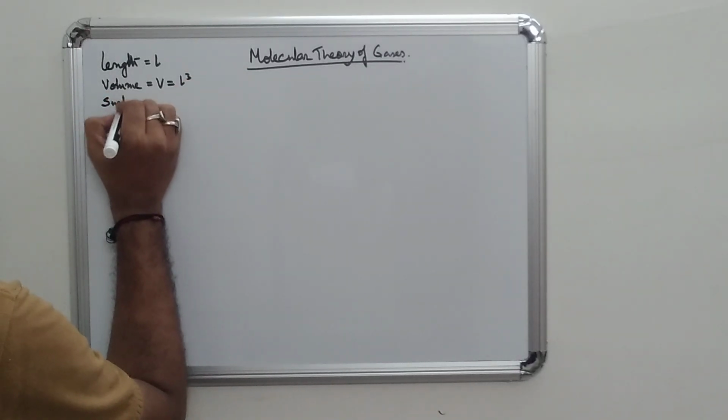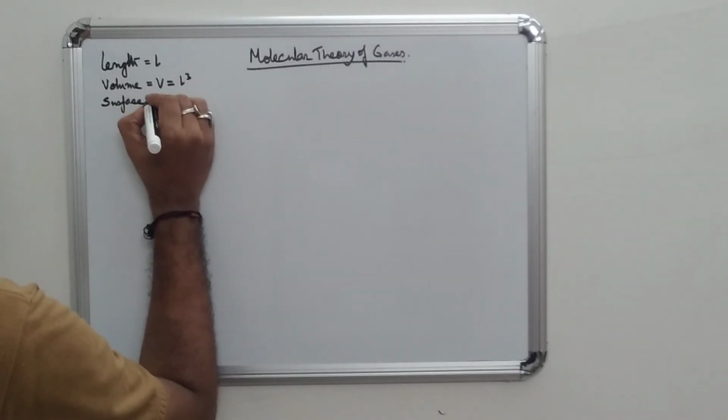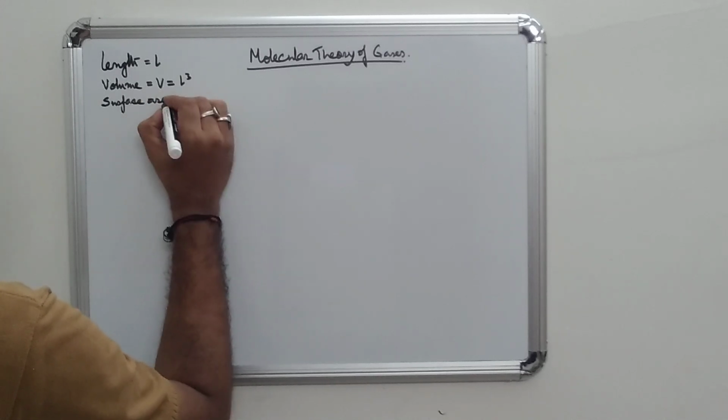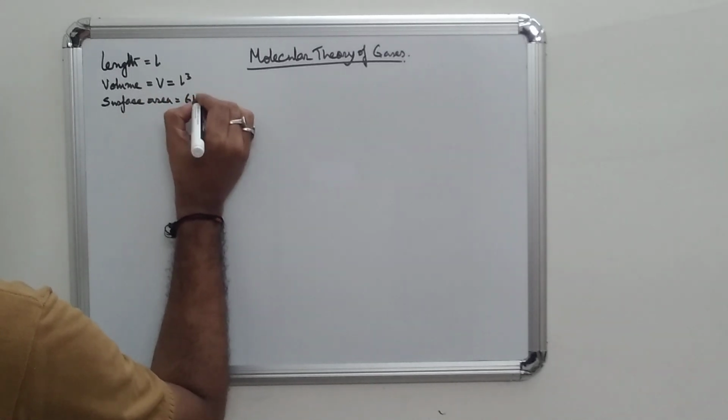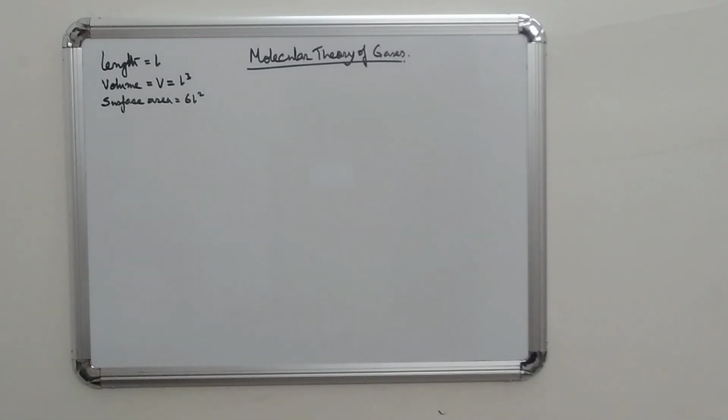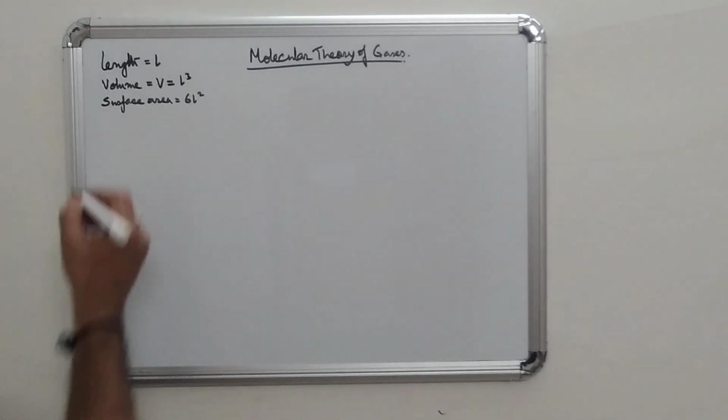The surface area will be 6L square, as there will be a total of 6 sides.